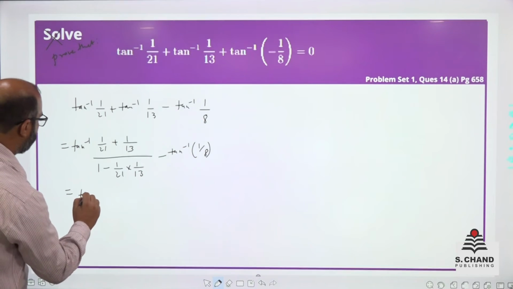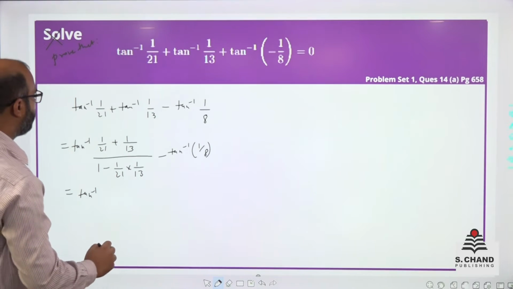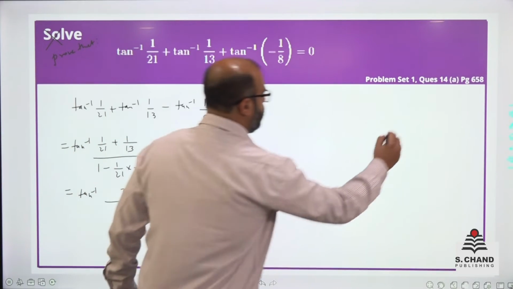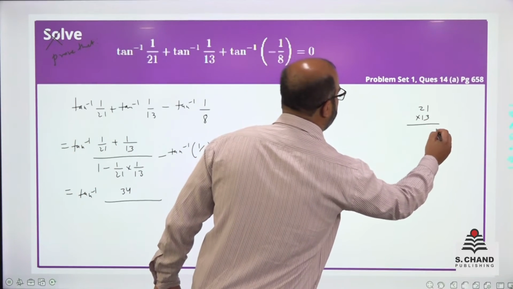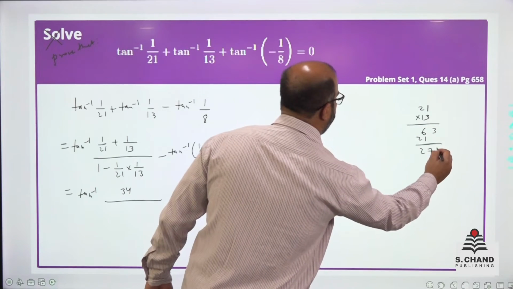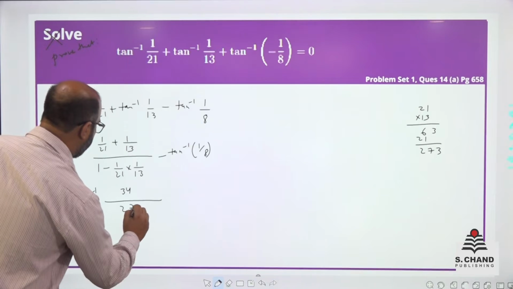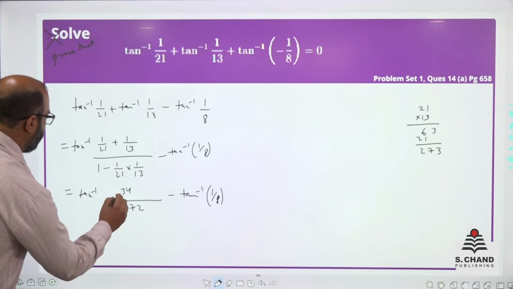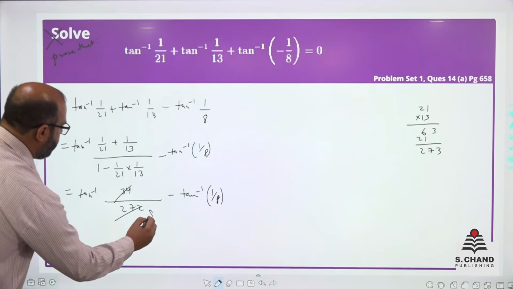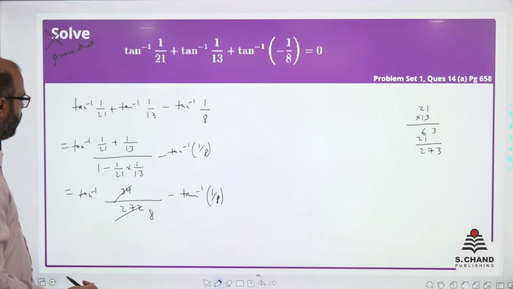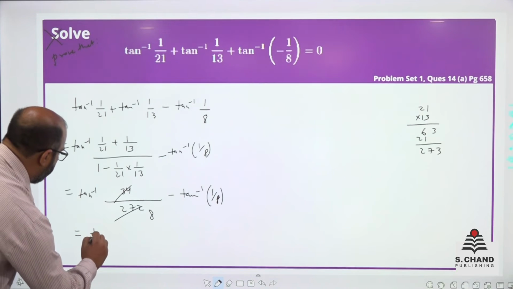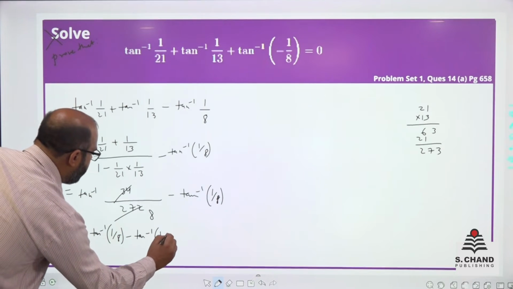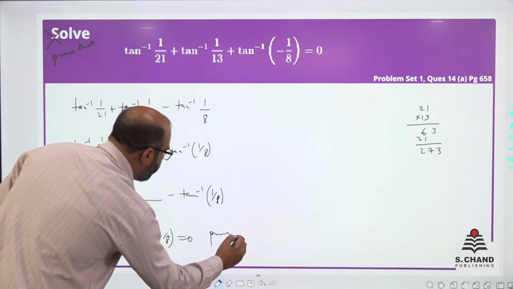This will become tan inverse 13 plus 21, that will be 34, and here it will be 21 into 13, which is 273, minus 1 is 272, minus tan inverse of 1 by 8. 34, how many times is 272? Is it 8? Yes. So this is tan inverse 1 by 8 minus tan inverse 1 by 8, which is finally equal to 0, hence proved.